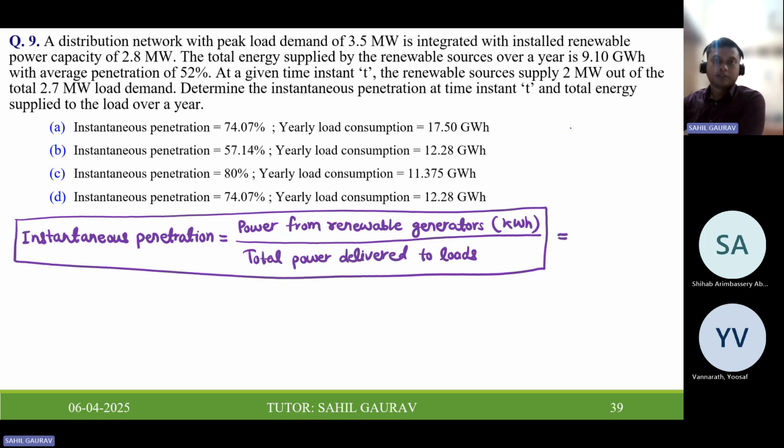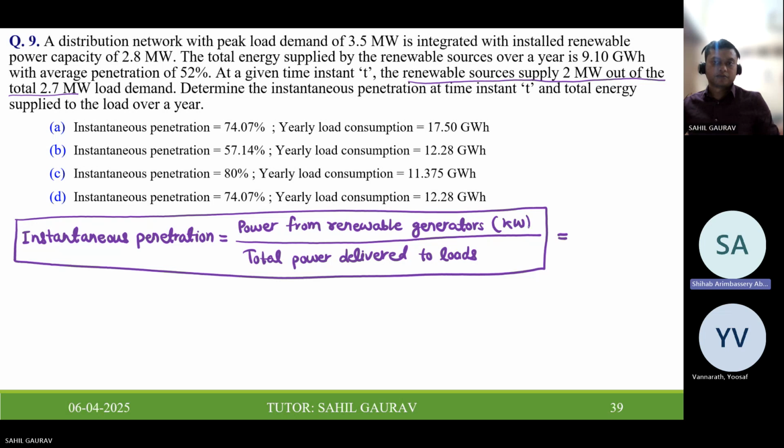It is saying that the instantaneous generation equation is different; it is kW divided by kW, while average penetration is in kWh, as per our slide. 2 megawatts divided by 2.7 megawatts.